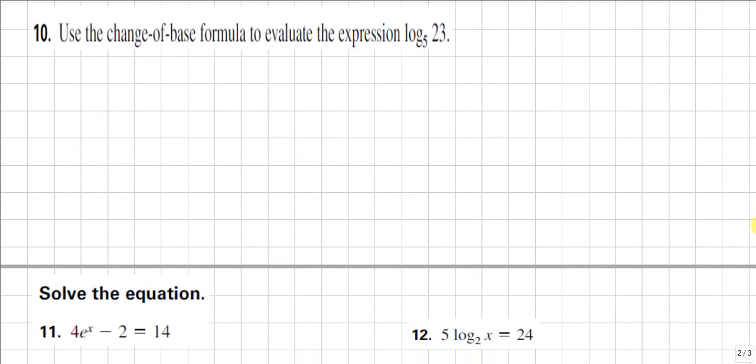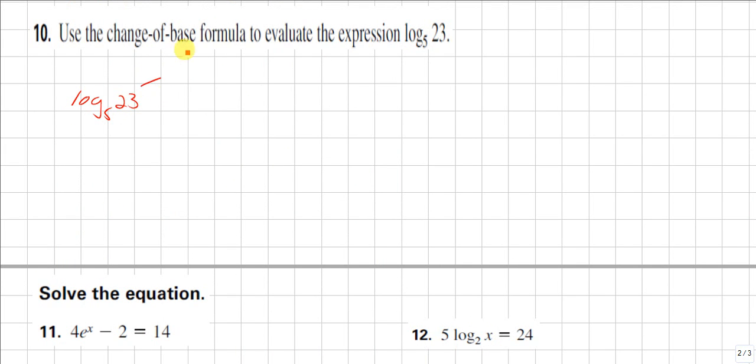Okay, the next one says, use the change of base formula to evaluate the expression. I can change this into either an ln or a base 10 log, whatever I choose, because those are the keys on my calculator.